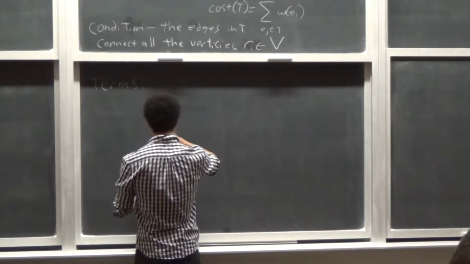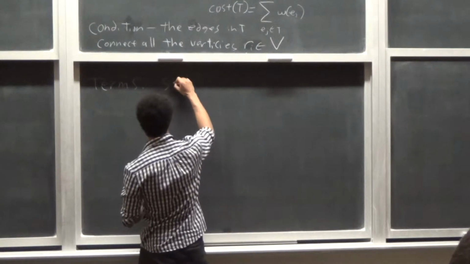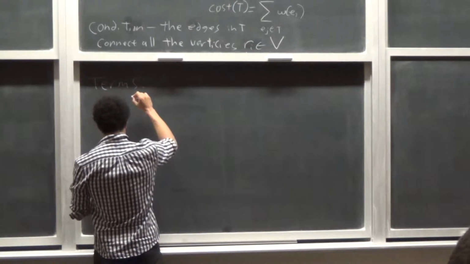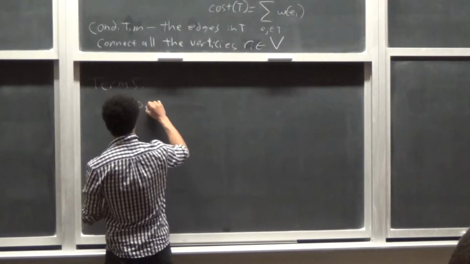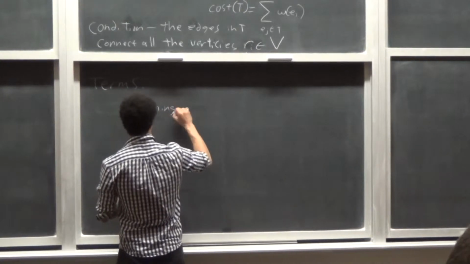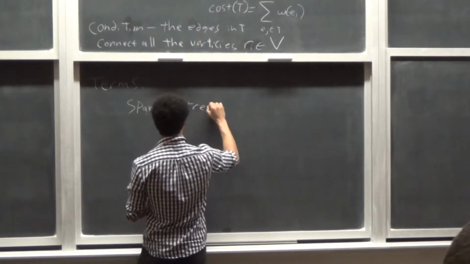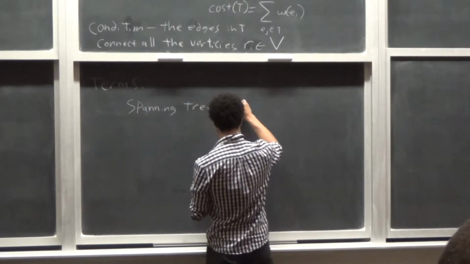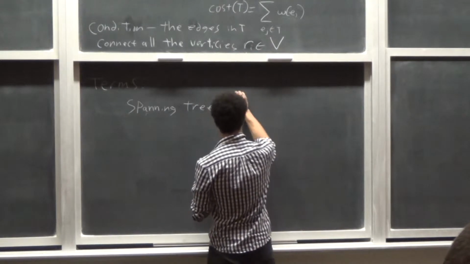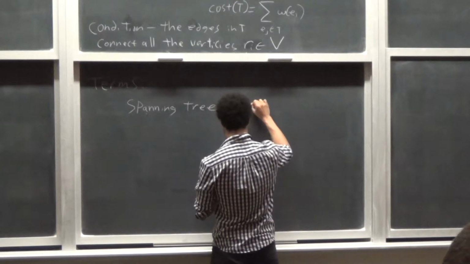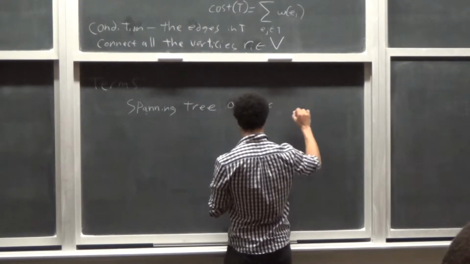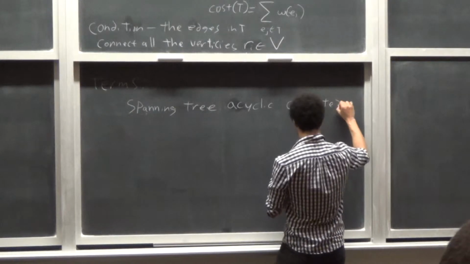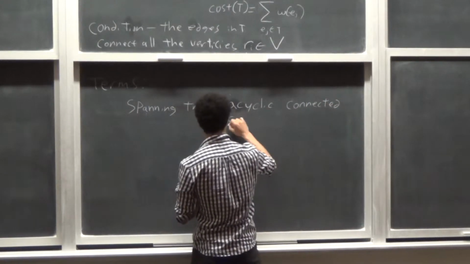So really what we're talking about is, I'll write it here under the light: a spanning tree, which is an acyclic, connected subset of edges.